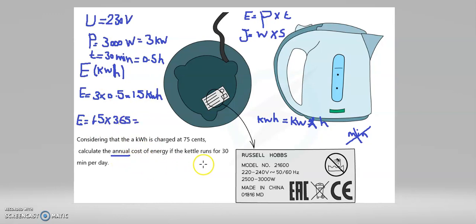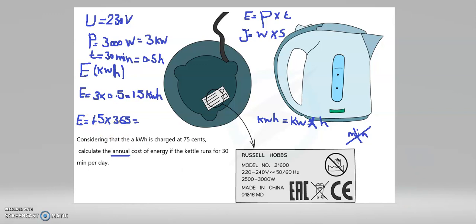Let's say that, for example, you don't use it per day, you use it 3 times per week. So you need to multiply 0.5 by, for example, 3 times per week, and then we have 52 weeks, and that is the total time, and again multiply by power, then you will get energy in kilowatt hour.